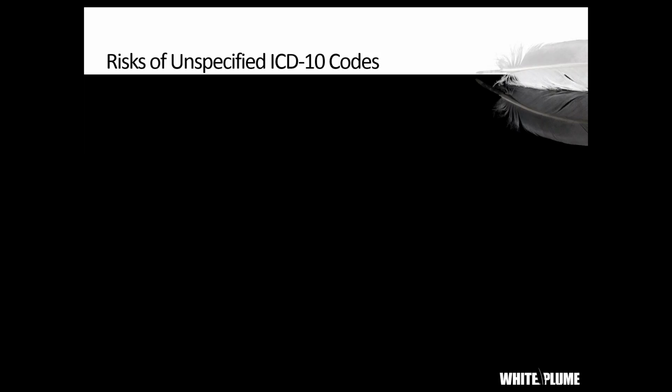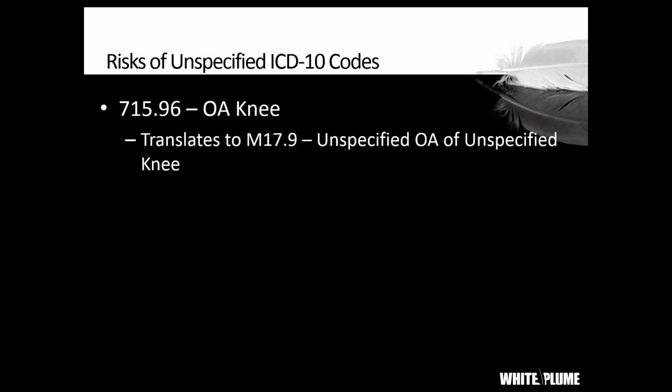A common one that we see our orthopedic clients use is 715.96. They use that for osteoarthritis of the knee. And when you look at that on your conversion analysis, when you click on it in Excelicapture, it translates directly to M17.9. And that's because it's an unspecified code in ICD-9.